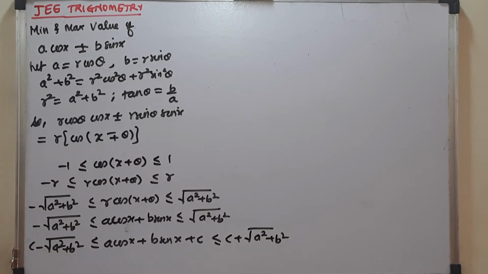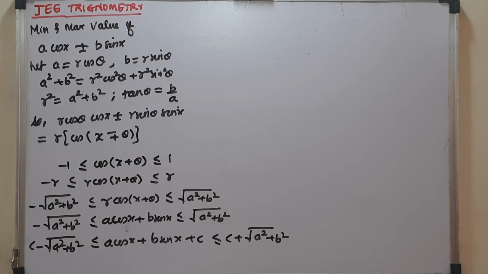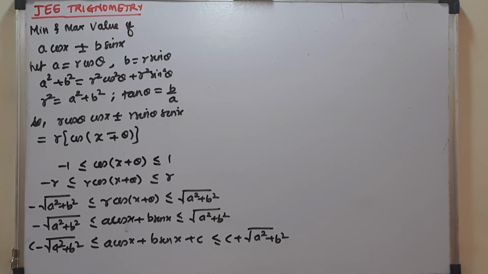That means you can find not only the minimum and maximum value of a cos x plus b sin x, but also the minimum value and maximum value of a cos x plus b sin x plus c. The constant c, whatever it is, you just add.